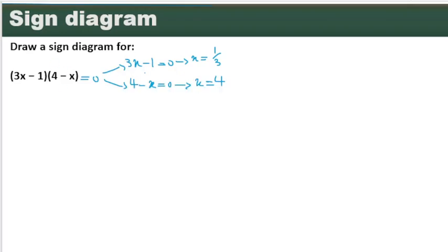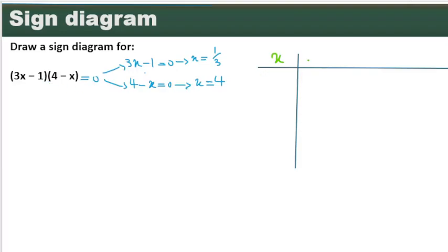Now I try to draw a table. Okay, it's my table. I use the values of x to see where this expression would be negative and where it would be positive.